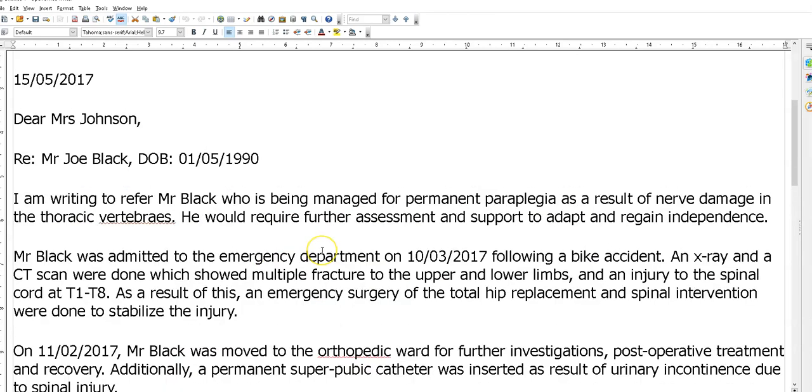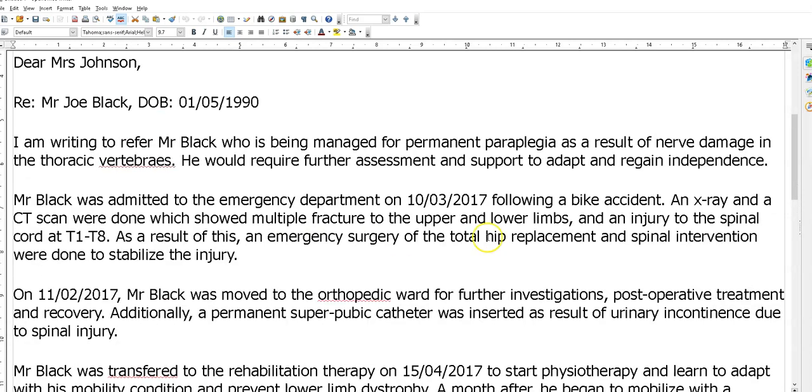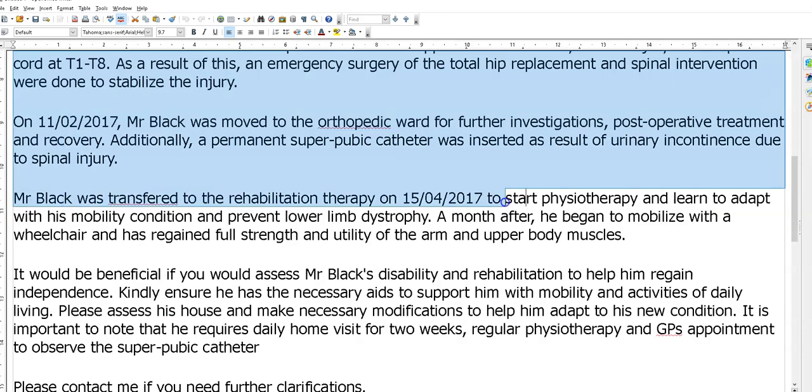So I don't need to know in this particular letter that an x-ray was done which showed, but I don't need it. All I need to know is what's his problem. So he's a paraplegic. That's it. So a lot of this stuff you can just omit.